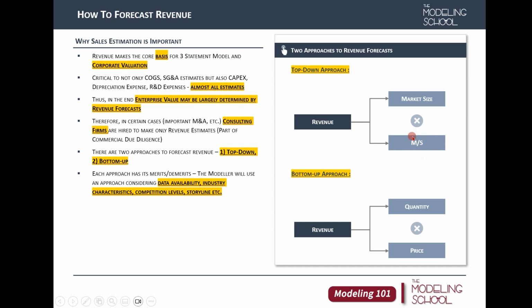So let's say that we're doing modeling for a Botox product. We can always estimate market size. Market size is not impossible to forecast. We can have our logic.